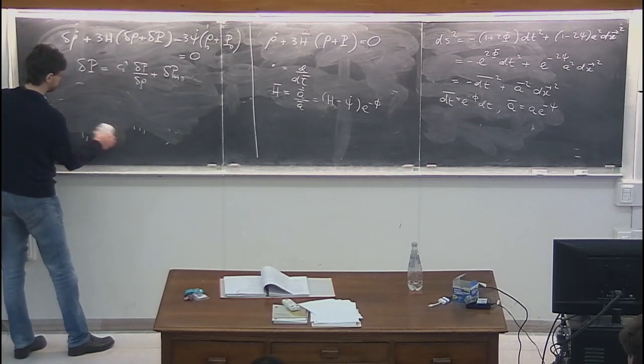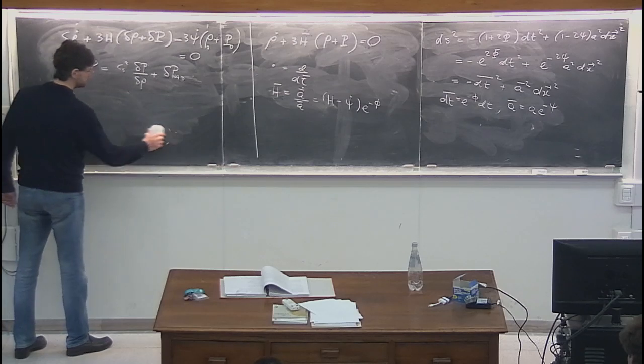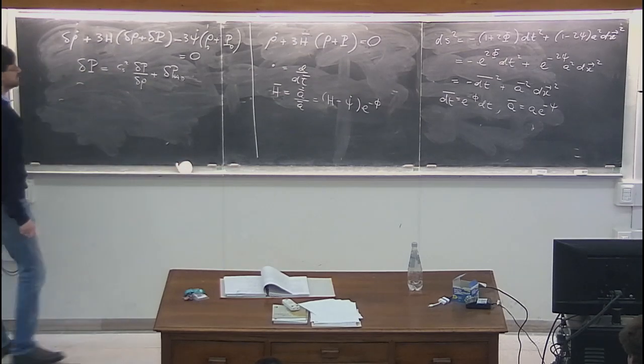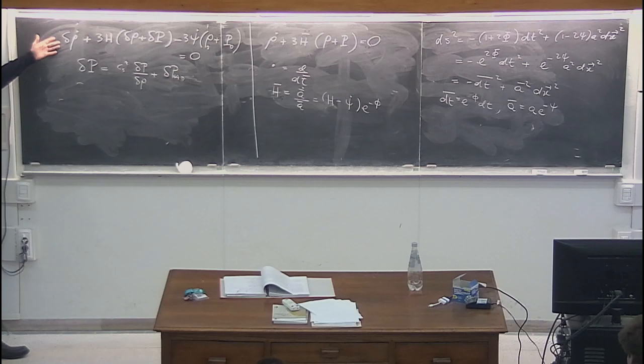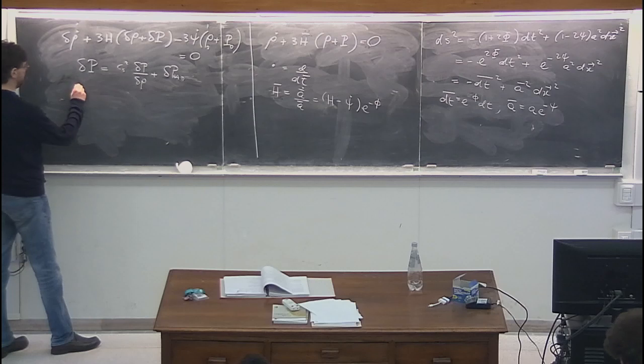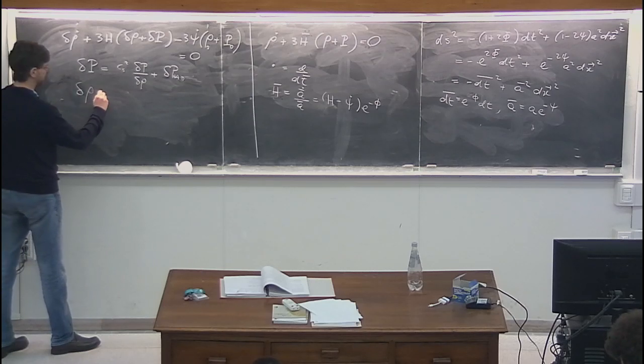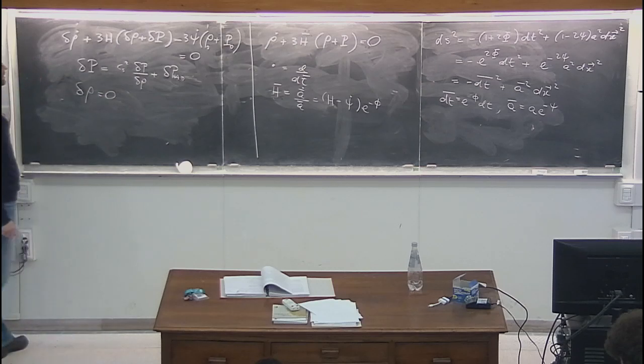But now I'm using the trick. Now I want to write down this equation and reduce myself to the zeta. But you see, since zeta is a gauge invariant quantity, this time I computed it not in the flat gauge, I computed it in the uniform energy density gauge. So I work in a gauge where delta rho is equal to 0.